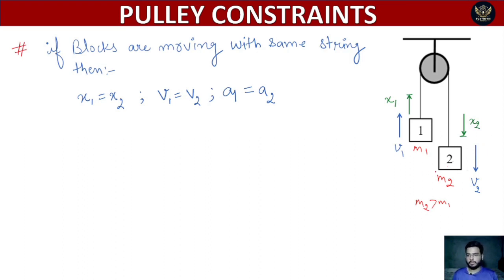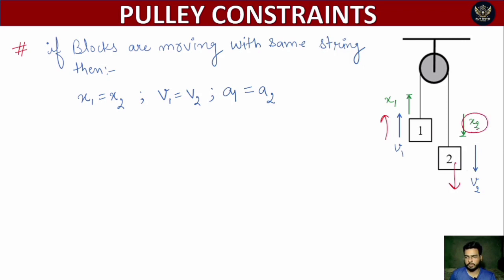Say this is the initial line, and after releasing, m2 is moving downwards and m1 is moving upwards. If m2 is moving downwards, then this string is also moving downwards. For example, this string moves x2 in the downward direction.